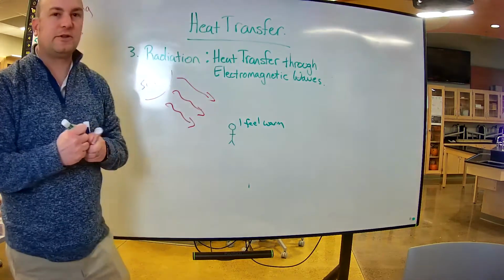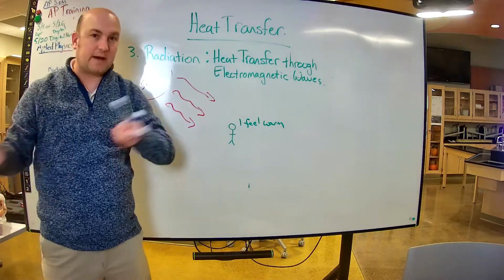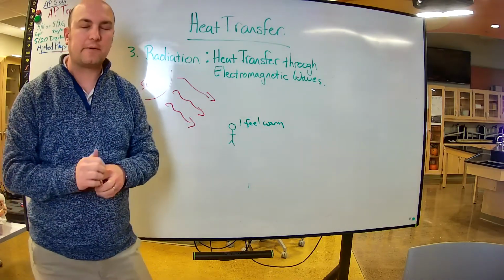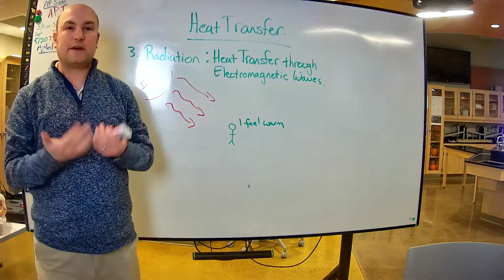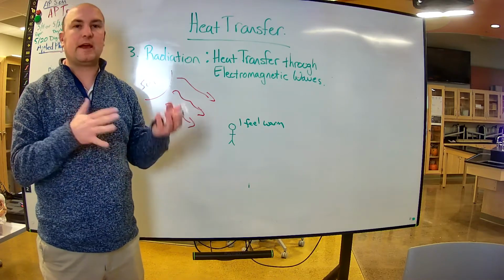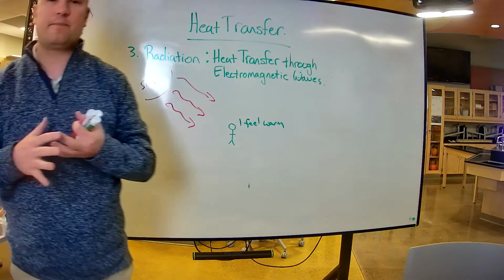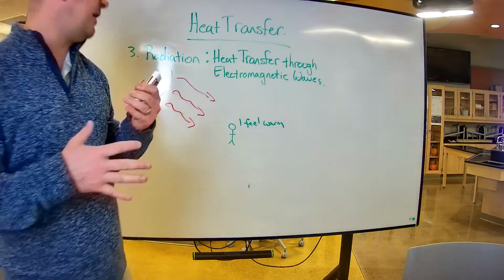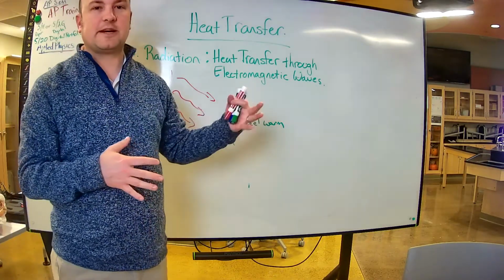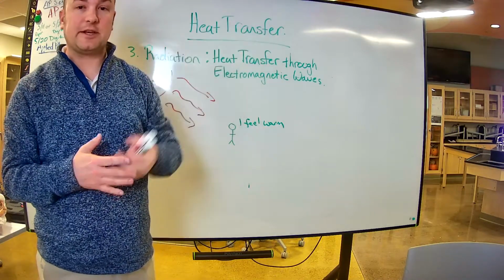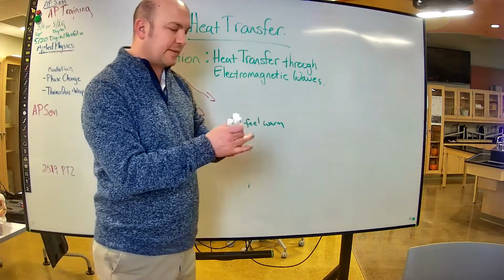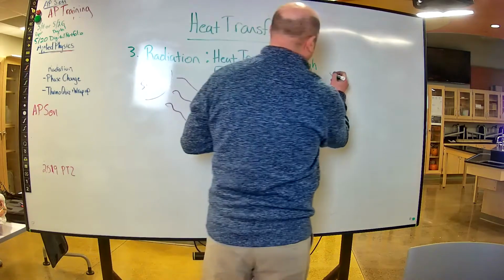It's not direct contact with the sun, because that would obviously burn you up really quickly, and that would be bad. It's not convection, because there's not really air in space to move heat through warm materials. You feel warm when you're outside in the sun because the light is hitting you. Light is just electromagnetic waves. So light is an example.